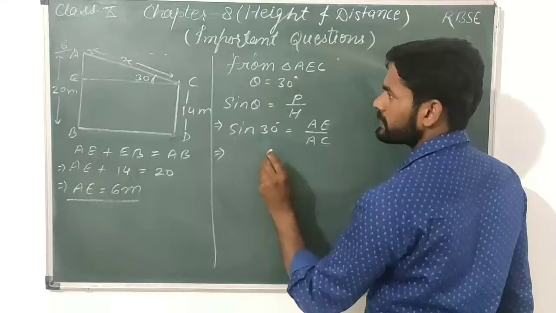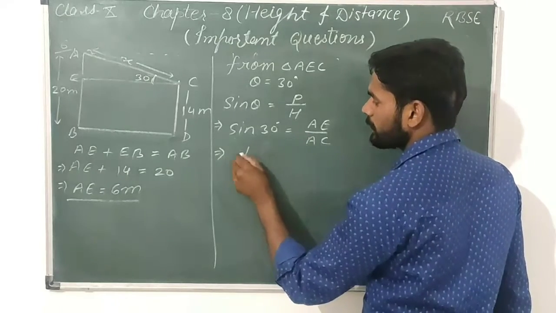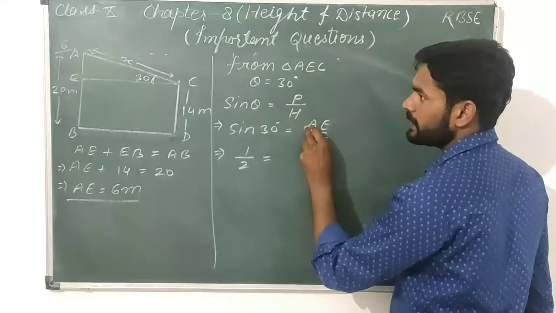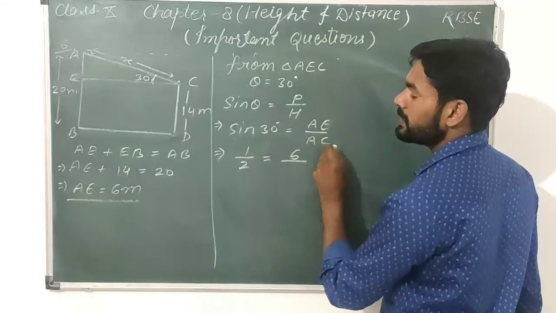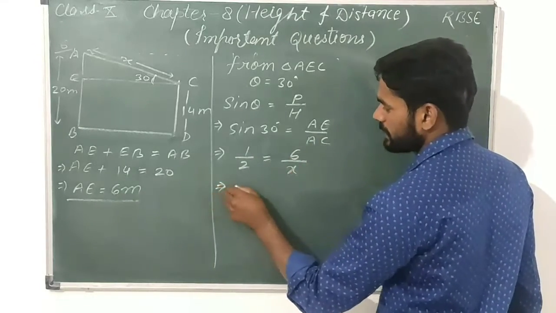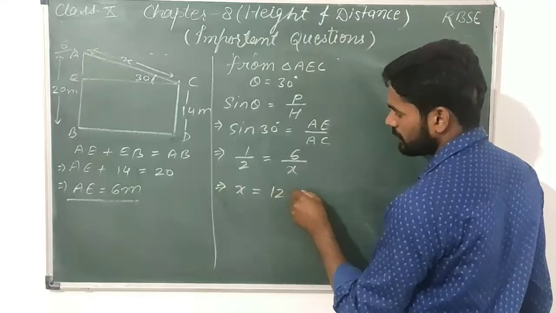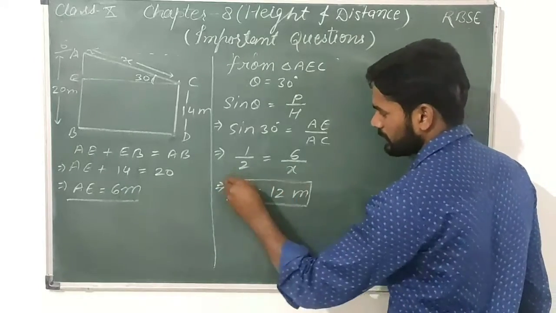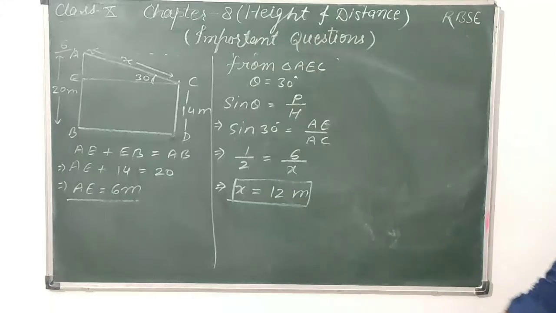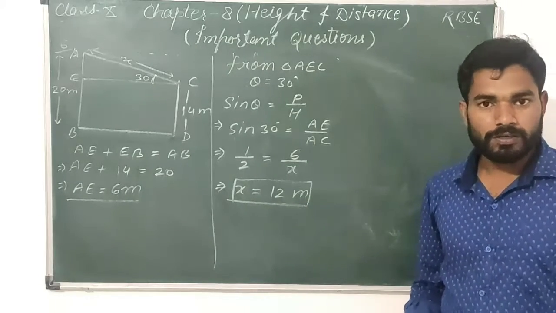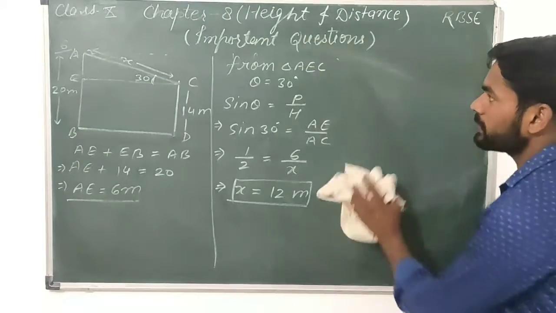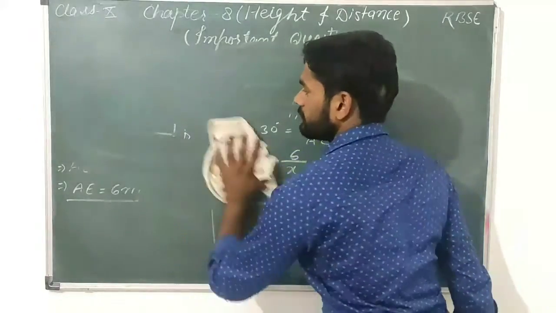Sin 30 is 1 upon 2. AE we have calculated here, which is 6, and AC is x, which implies x is equal to 12 meters after cross multiplication. So finally we get the length of the wire, which is equal to 12 meters. Okay students, now the next question, question number 7.